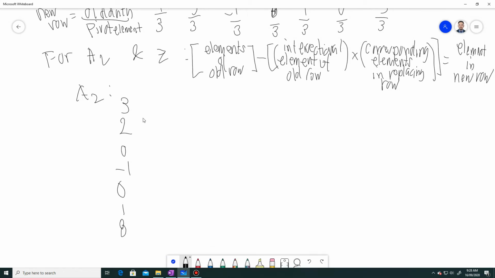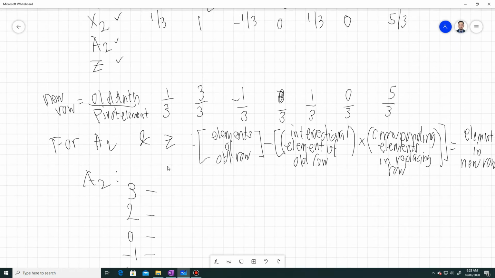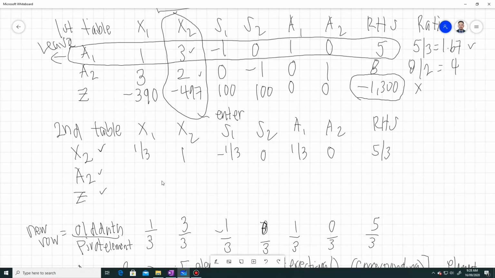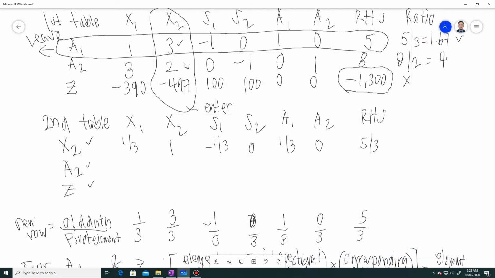And then the minus sign. Next, intersectional element of the old row. So for a sub 2, that is 2 here.